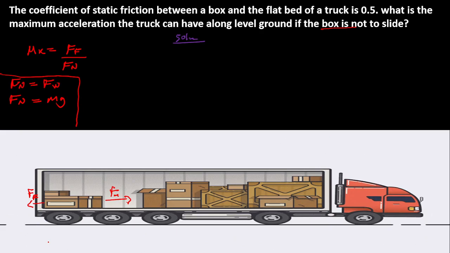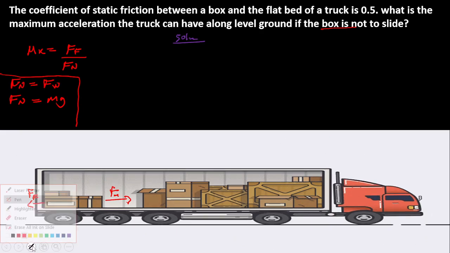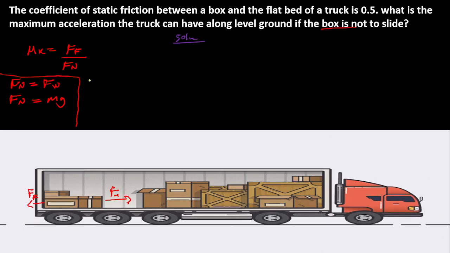With that in mind, another relationship we can build is from F and the x direction force. The summation of forces in the x direction is equal to F minus the force of friction.